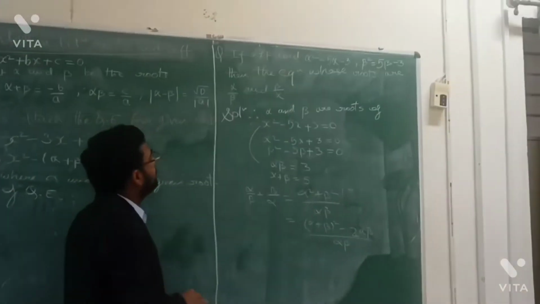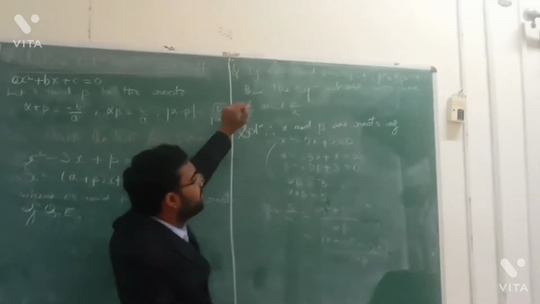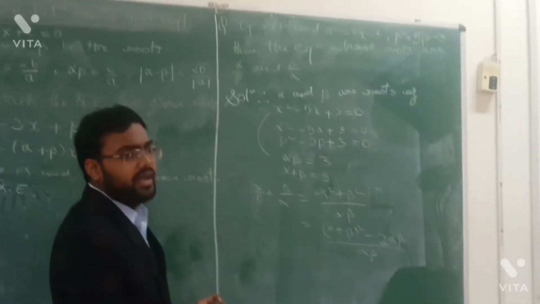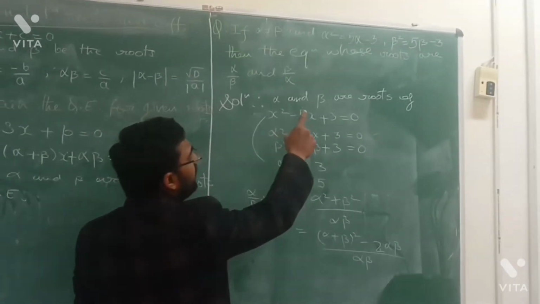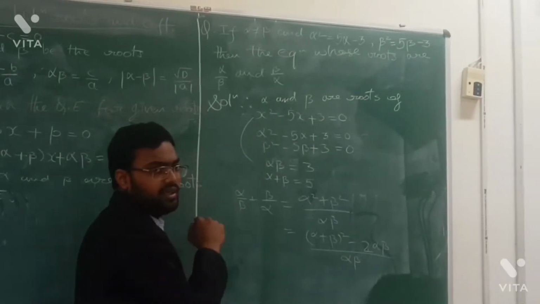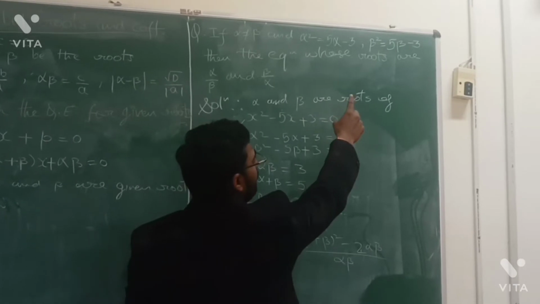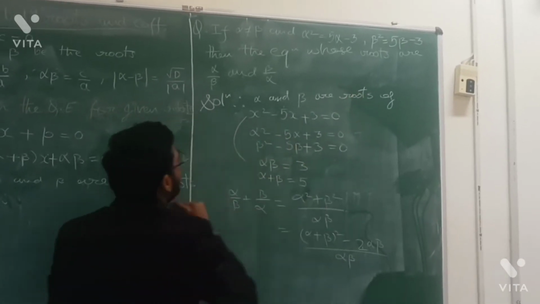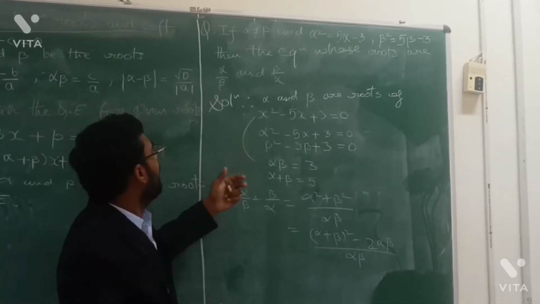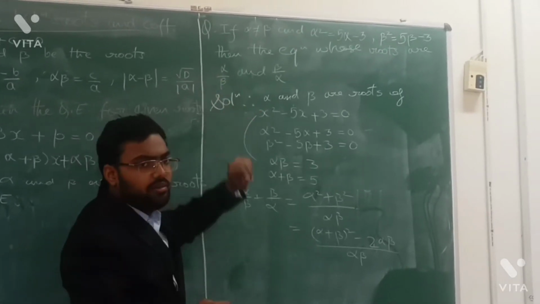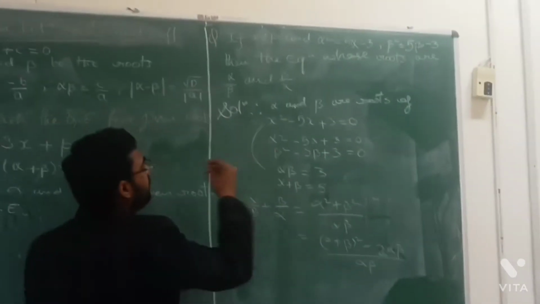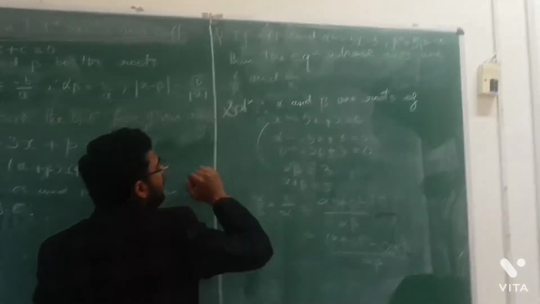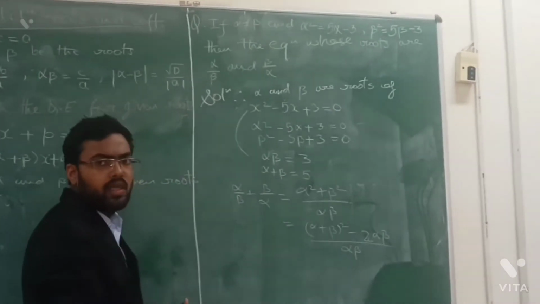Now, let's come to a question. If alpha is not equal to beta and alpha² = 5 alpha - 3, beta² = 5 beta - 3, then find the equation whose roots are alpha/beta and beta/alpha.